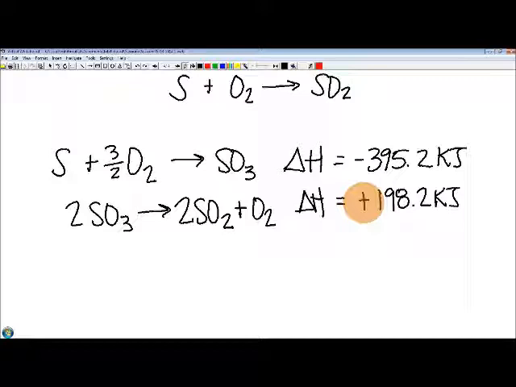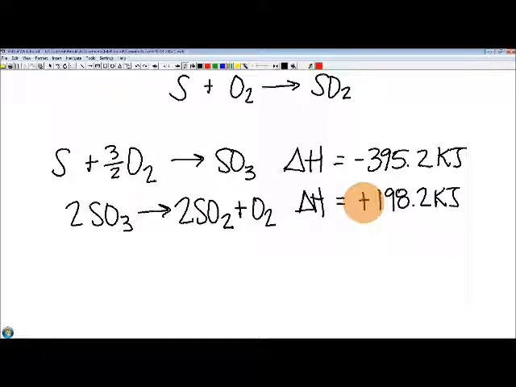Now, do we have the right coefficients in front of everything? The S is okay because it has a 1, and it needs a 1. The O's, not so much. Let's do O's last, okay? But the SO2, down at the bottom, has a 2 in front of it, but it's supposed to only have 1.